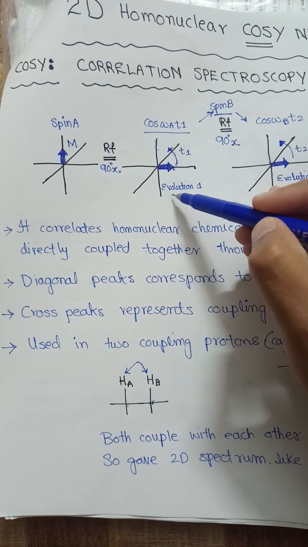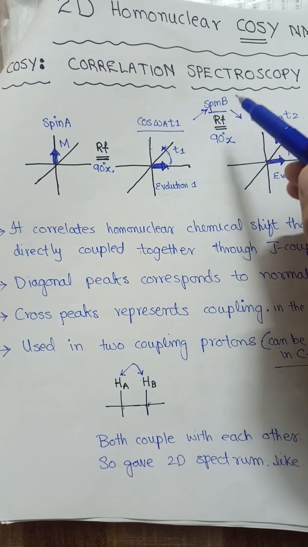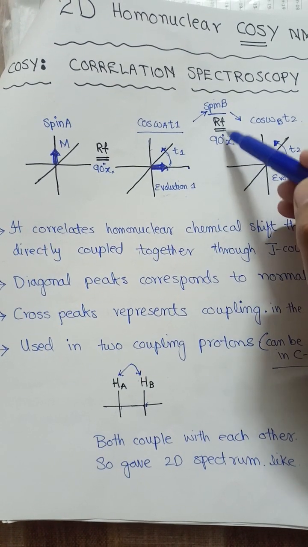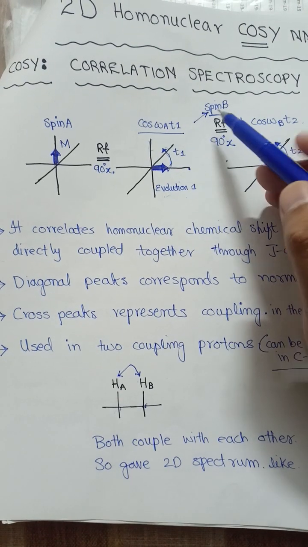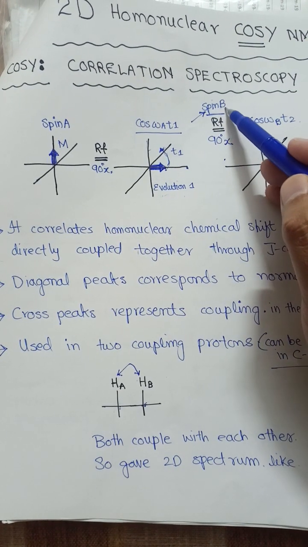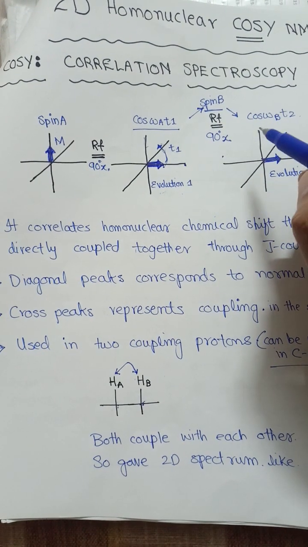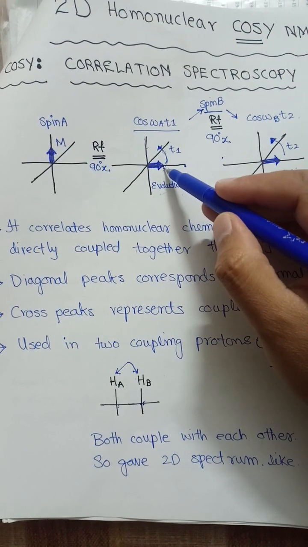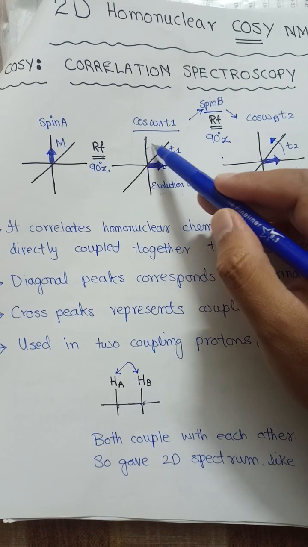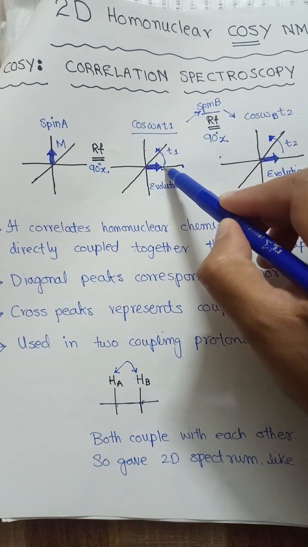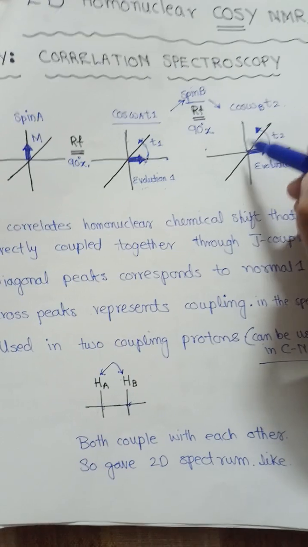After evolution 1, we again provide an RF 90x pulse, and let's suppose it causes spin B flipping towards the same 90-degree x pulse, and it will cause it to orient at 90 degrees.